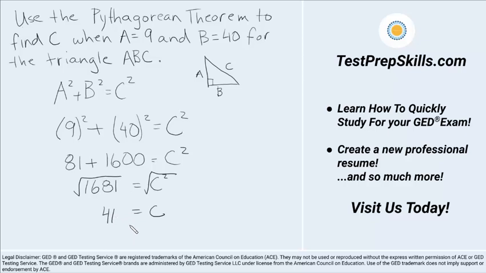Now, one last thing. I'm sure you noticed when we isolated for C, we ended up with our C on our right-hand side. And the answer of what C was equal to is on our left-hand side. That's okay. In math, we can write it either way. We can have our variable on the right or on the left. It doesn't matter. However, math convention, which is just the way we do things in math, states that we put our variable or unknown onto the left-hand side.